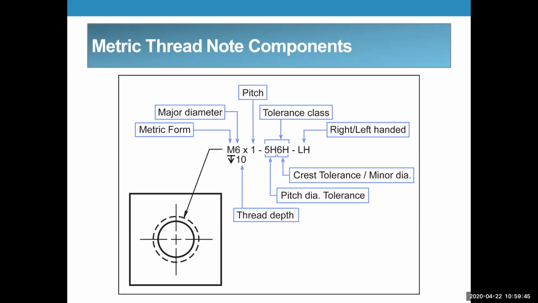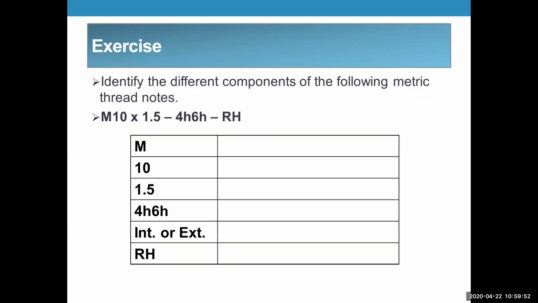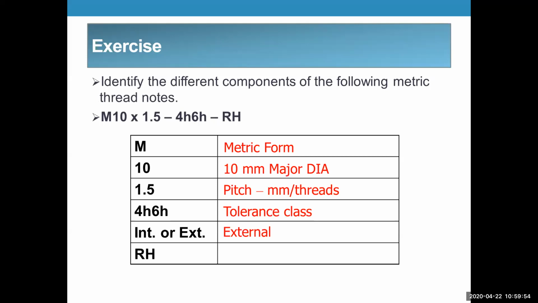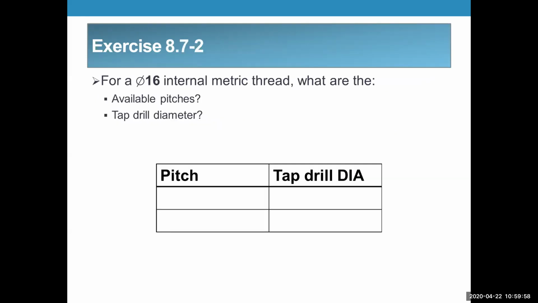Yeah, the tolerance class. When we looked at the other one that had the external threads, it has the lowercase h's. Well, let's find out. And we know that RH is right here. Right. Exactly. So I don't know if they're going to talk about that today. Yeah, they may not. And I don't remember reading it in the book either, where it actually told you that. And it might be just you have to look at the chart.